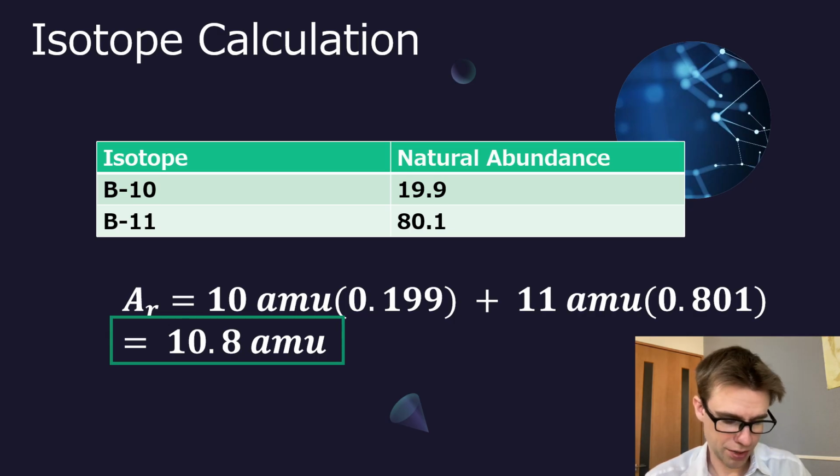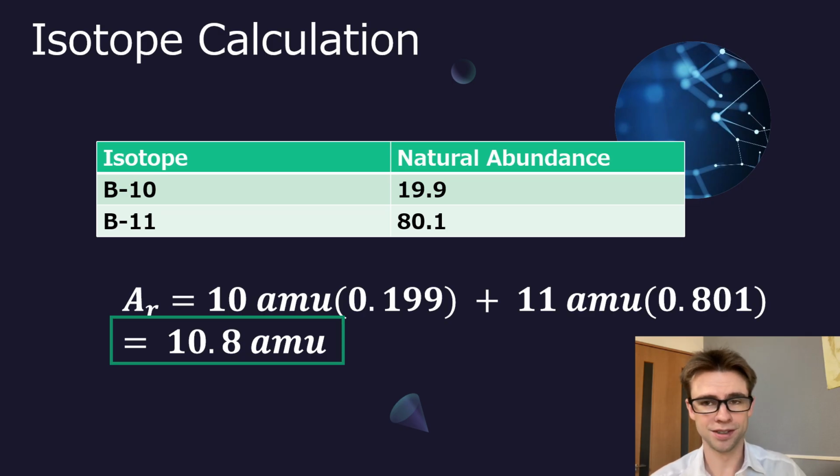So let's try a simple one. We'll look at B. B on the periodic table is boron. It looks like there's 2 stable isotopes, boron 10, boron 11. And somebody measured the natural abundance of each. B10 is about 19.9% of a sample, and B11 is about 80.1% of a sample.